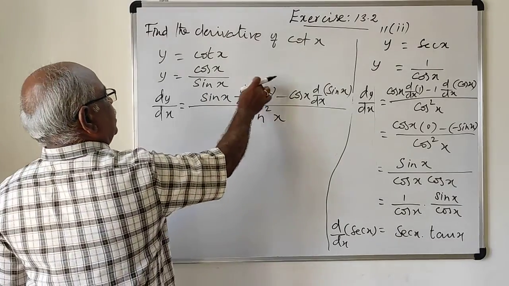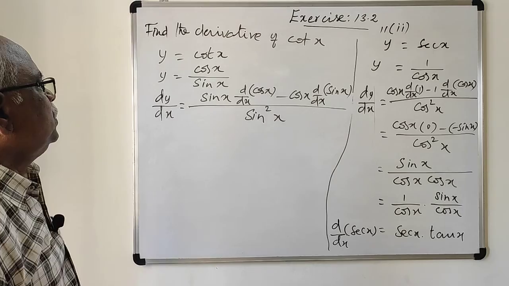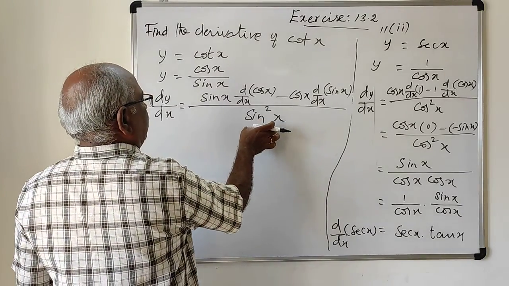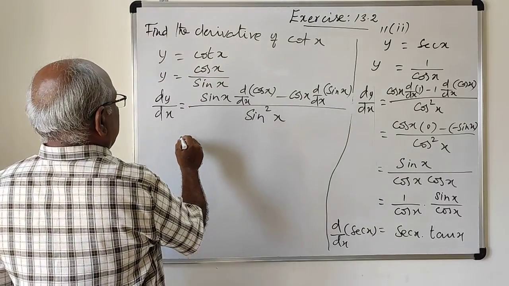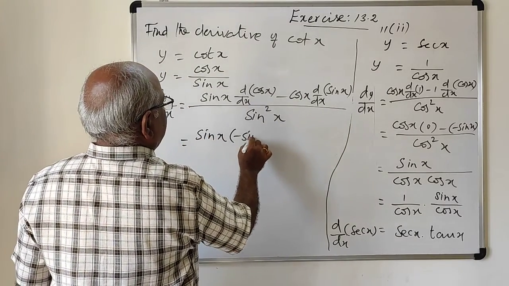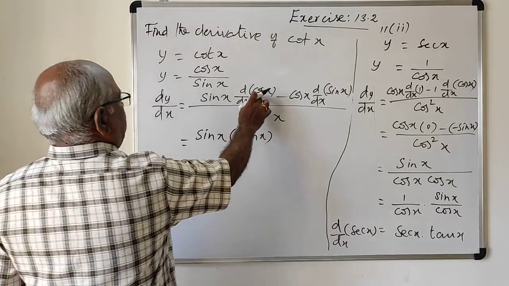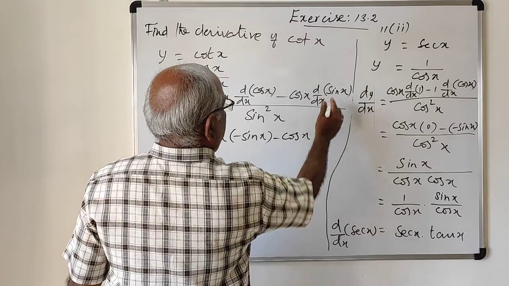Quotient rule: v square, v into du by dx minus u into dv by dx. Using the quotient rule idea, this is sin x into the derivative of cos x, which is minus sin x, minus cos x into the derivative of sin x, you know it is cos x, by sin square x.